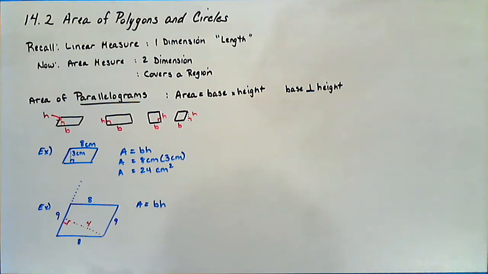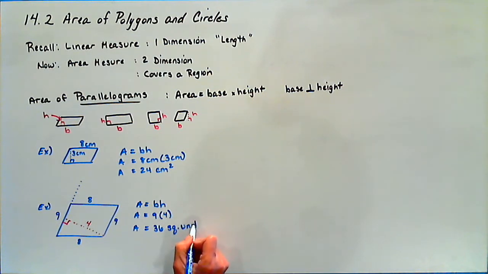They have to be perpendicular to each other. Therefore, in this case, the base and the height must be 4 and 9. So our base is 9 units, our height is 4 units. I did not give you any sort of measurement, so we just leave it as square units or units squared. All right.